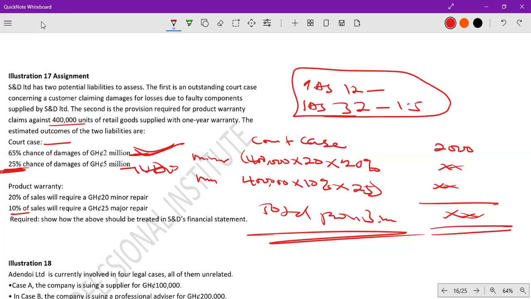Then after church, we'll use 1 hour to do IFRS 9. Then we'll use the 2 hours left for IFRS 16 leases. These are the plans for tomorrow.